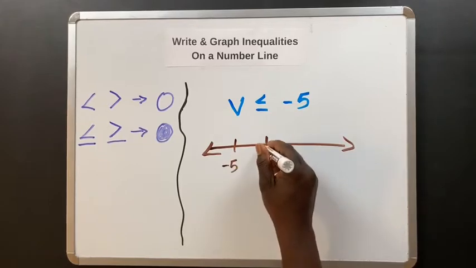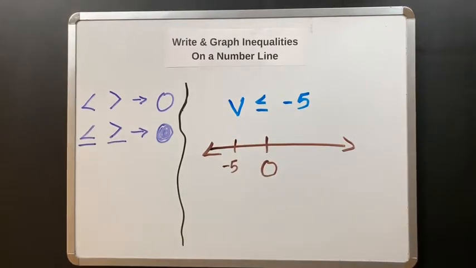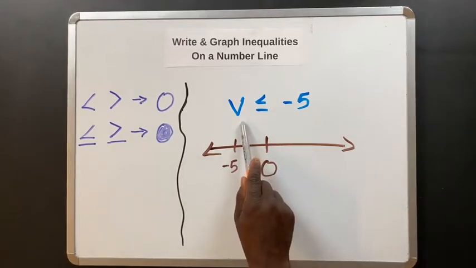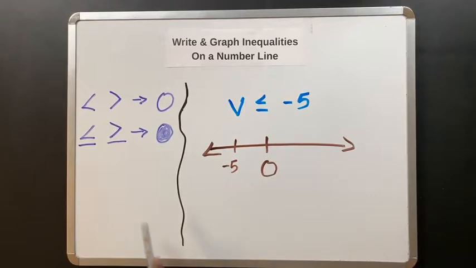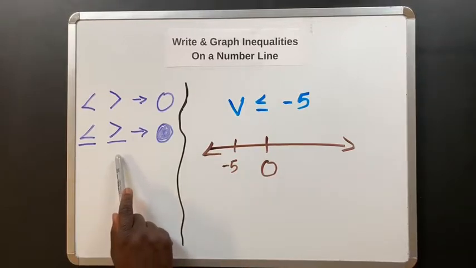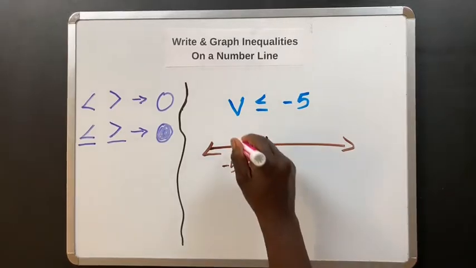If you want to write all the hash marks to get to -5, that's up to you. All right, so let's read this inequality sentence. It says all values of V less than or equal to -5. So check over here. If it's less than or equal to, it has to be a closed circle. Okay, so let's go ahead and make our closed circle.